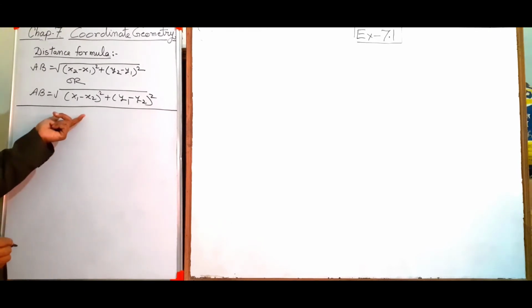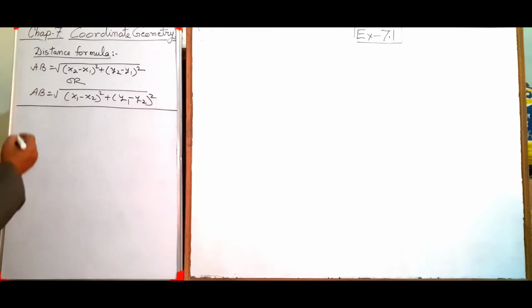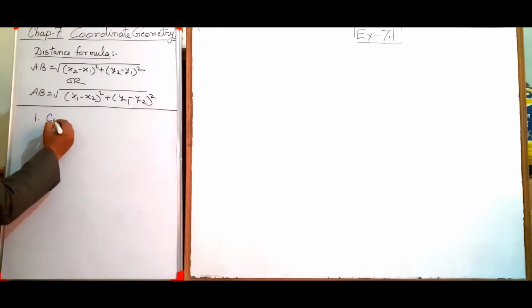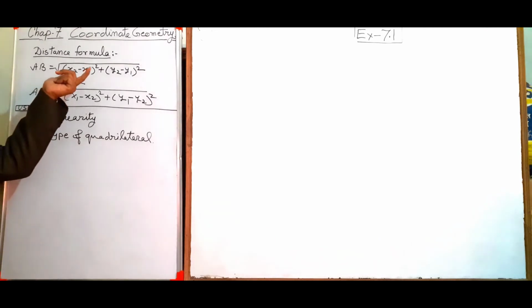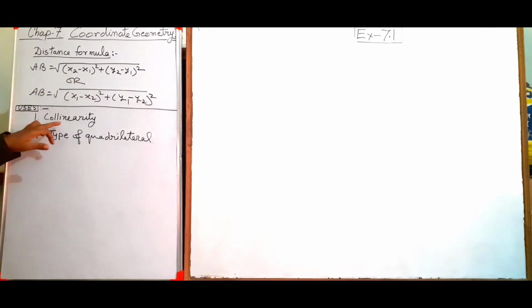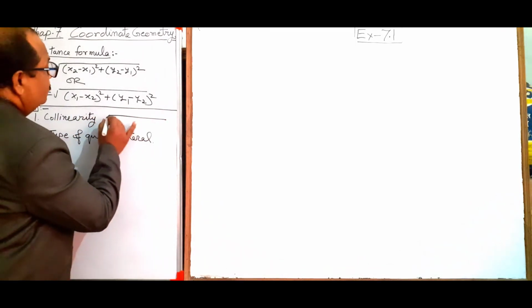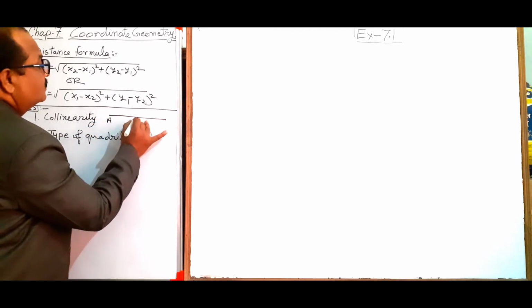Given 3 points are collinear or not. First use of the distance formula is for finding the distance between any given 2 points whose coordinates are given. And now you can also check the collinearity. Are 3 points collinear or not?